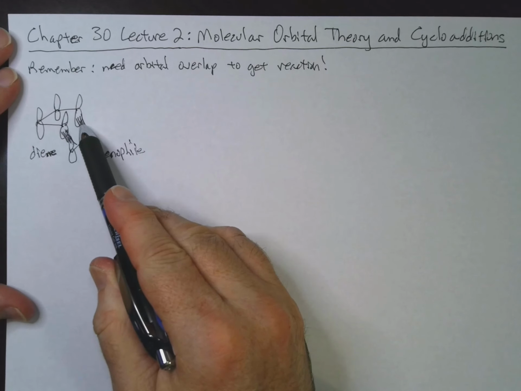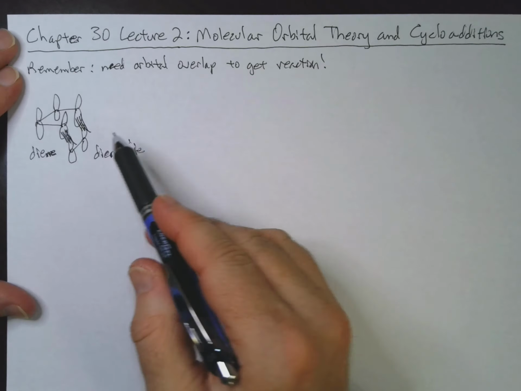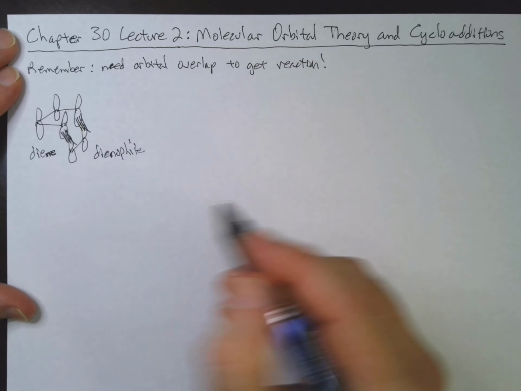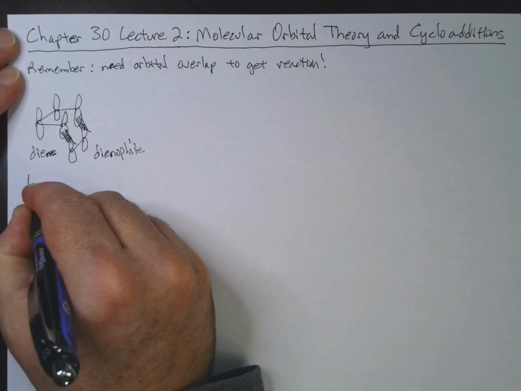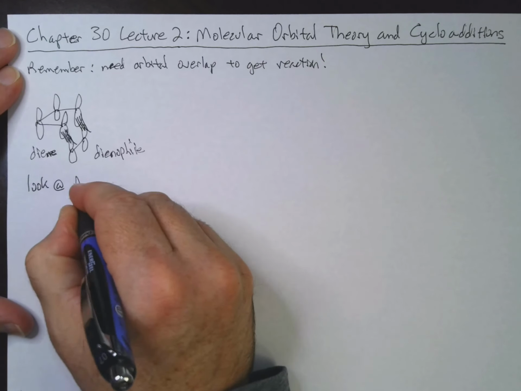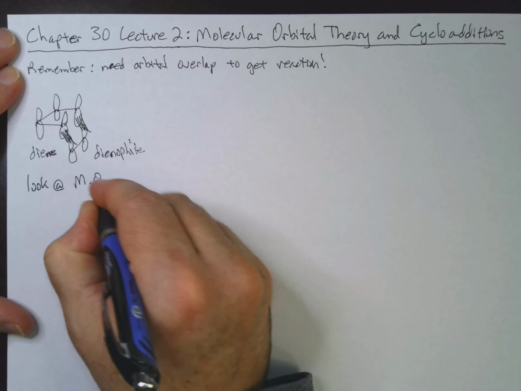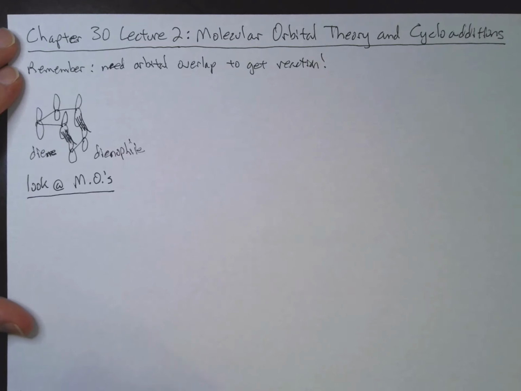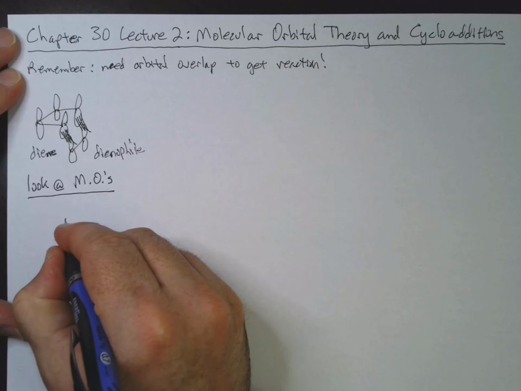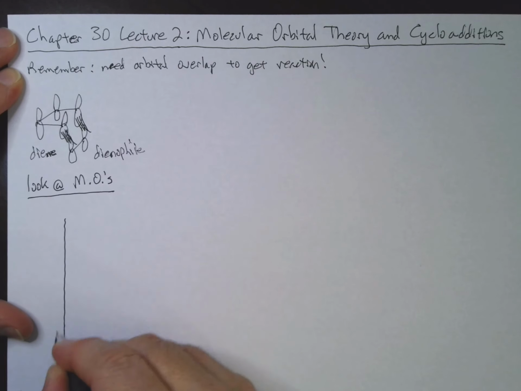We need to get that overlap in order for the reaction to occur. So let's look at the molecular orbitals. First we will look at the diene.